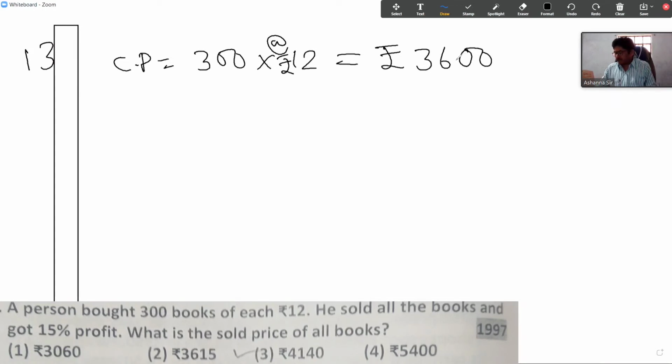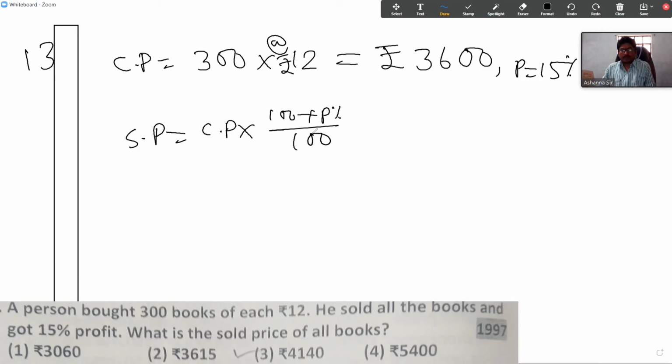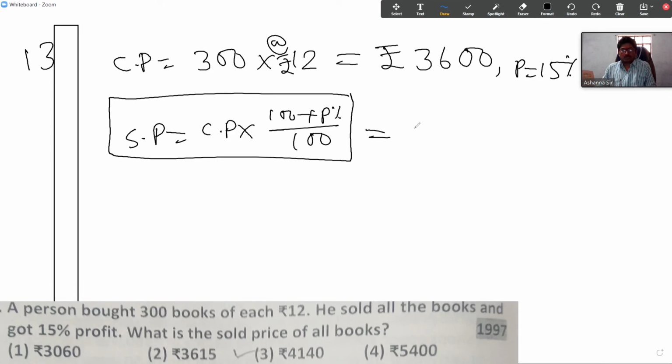He sold all the books and got 15% profit. So selling price is equal to cost price into 100 plus profit percentage by 100. So cost price 3600 into 100 plus 15, 115 by 100.